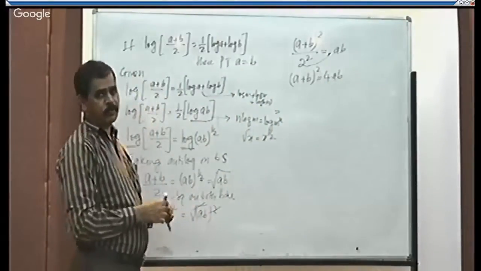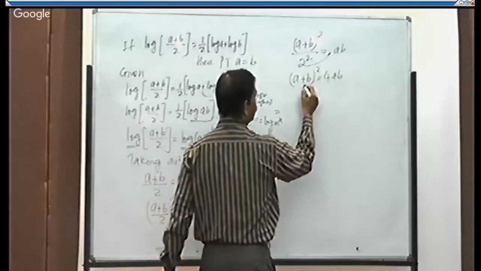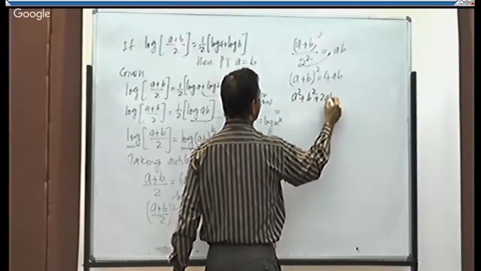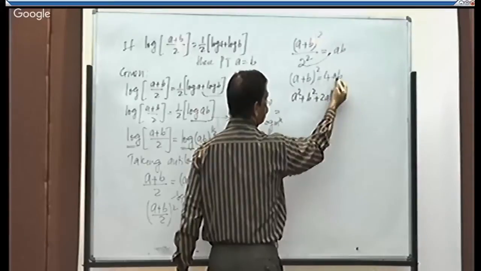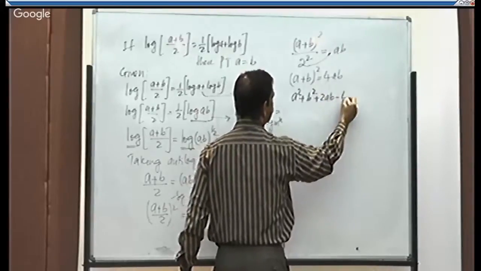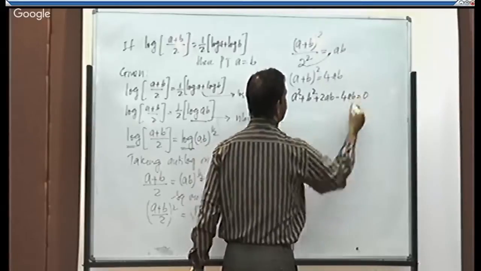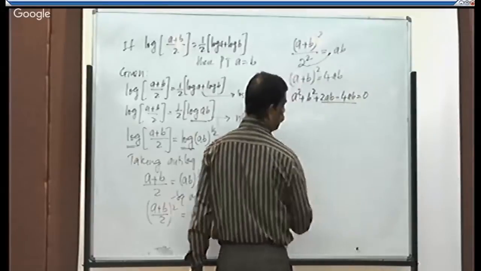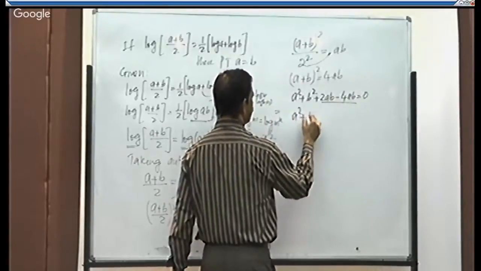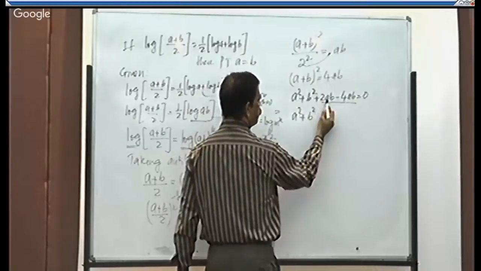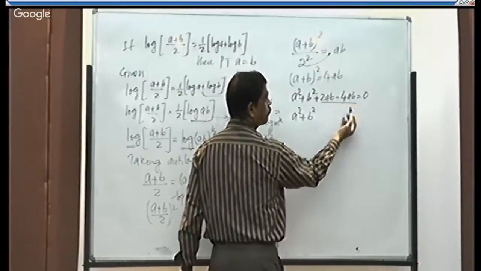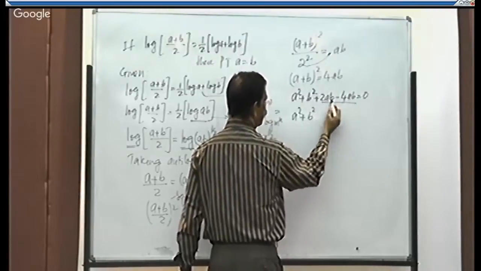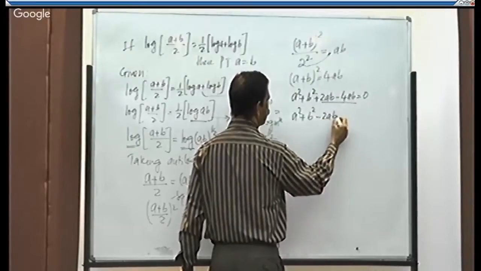Expand the formula: A square plus B square plus 2AB is equal to 4AB. Take it to the left side: minus 4AB. Now 2AB minus 4AB becomes minus 2AB, which is equal to 0.